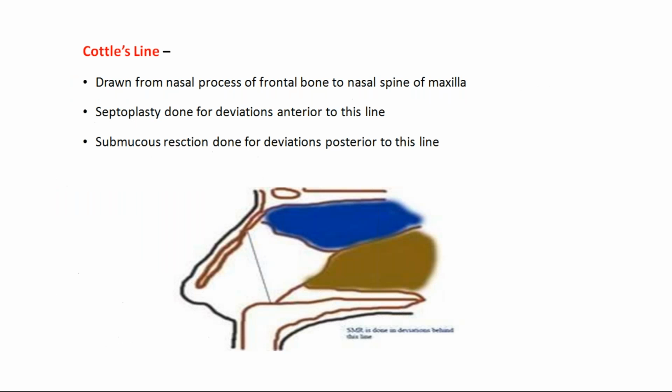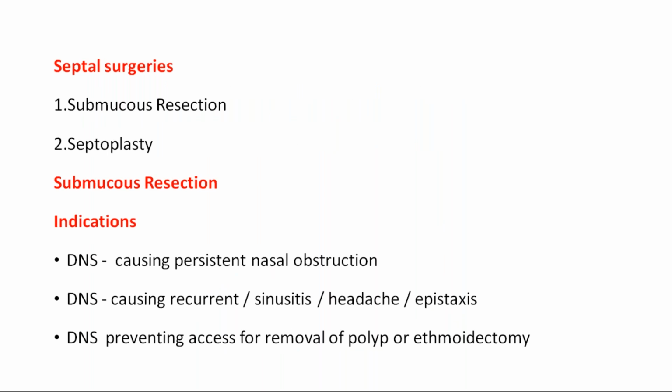So if I have a septum, here you can see this is the line we are talking about, from the nasal process of frontal bone to the anterior maxillary spine. If the deviation is here, you do septoplasty. If the deviation is here, you go for a submucosal resection. So submucosal resection is indicated in persons above the age of 17 years. I've already told you.